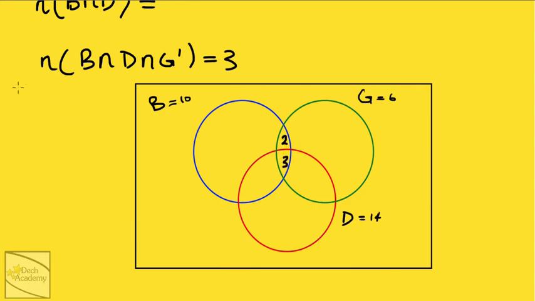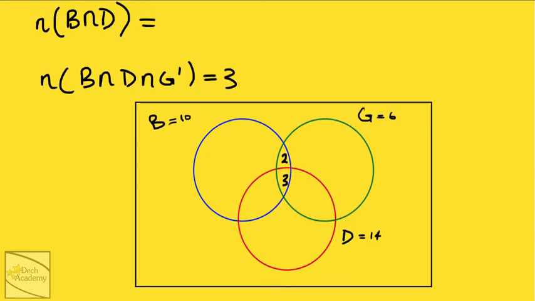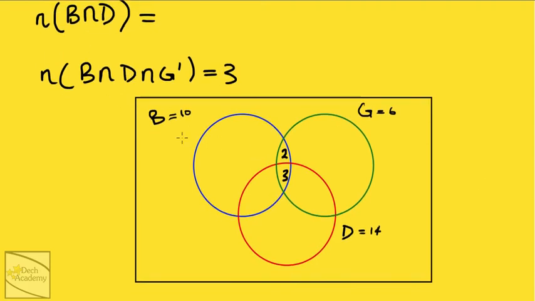So what we've been told here is that B intersect D intersect G prime. So everything in this region here, B intersect D intersect G prime.